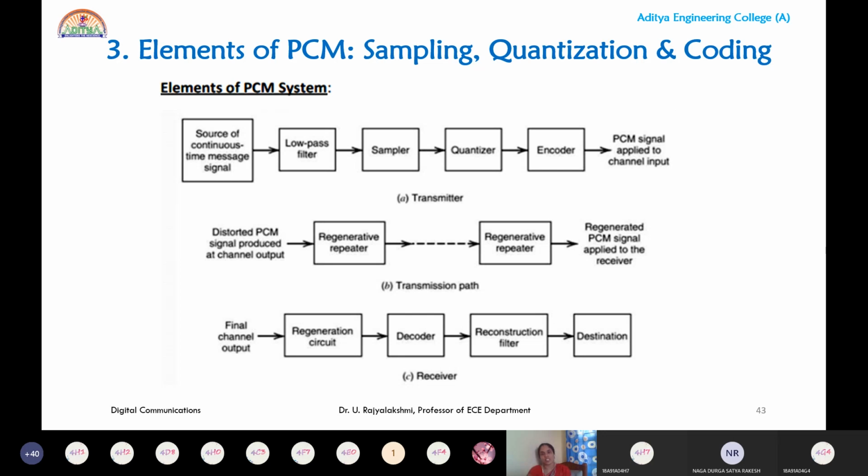We can discuss how a repeater works and what the circuit for that is. Also how the sampler, quantizer and encoder work in the further classes. Then we can complete the SNR calculation for PCM.